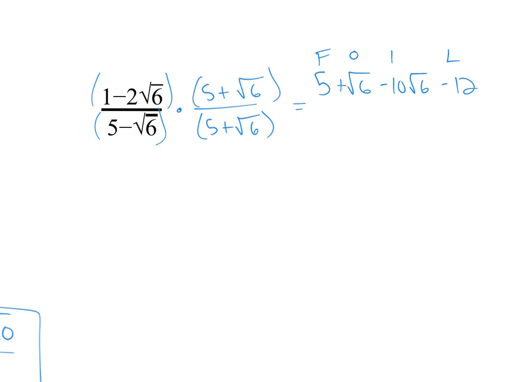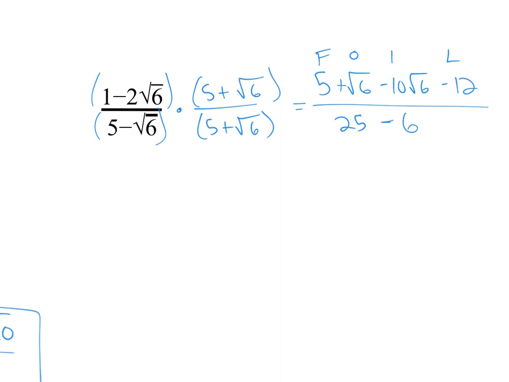So looking now at the bottom, remember we're just multiplying our first terms and our last terms, so 5 times 5 is 25. And then the last term's negative square root of 6 times positive square root of 6 is going to end up giving you a negative 6. Looking to combine our like terms and simplify.